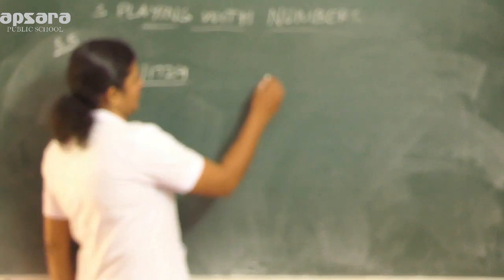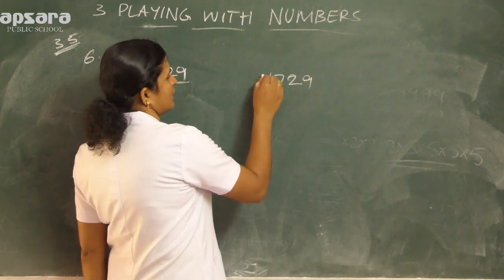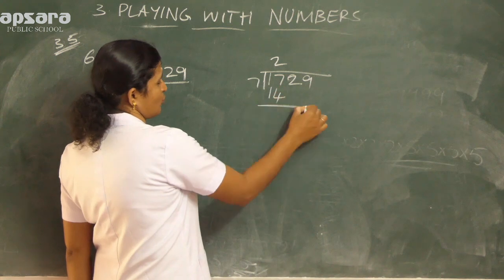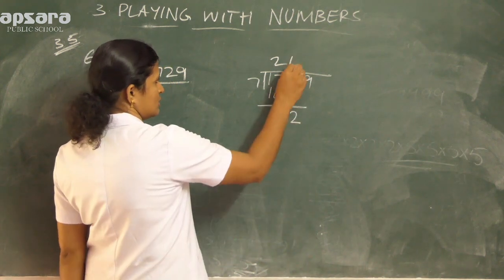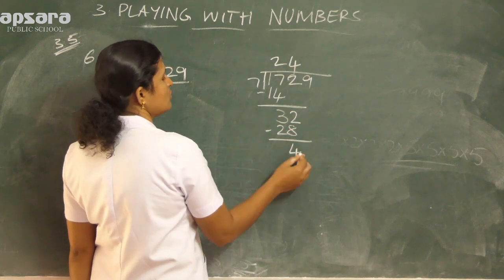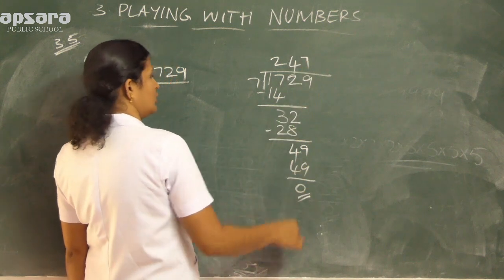7. Okay, let us take 1729 divided by 7. 7 2s are 14, 3, 32, 7 4s are 28, 4, 49, 7 7s are 49.